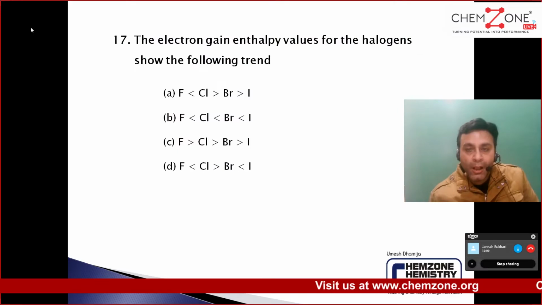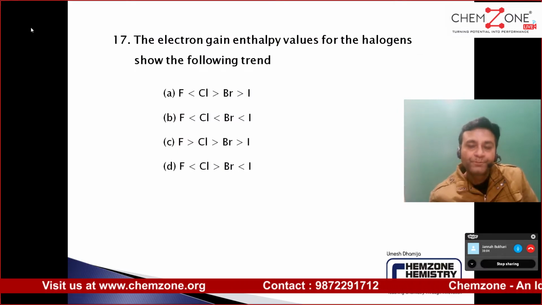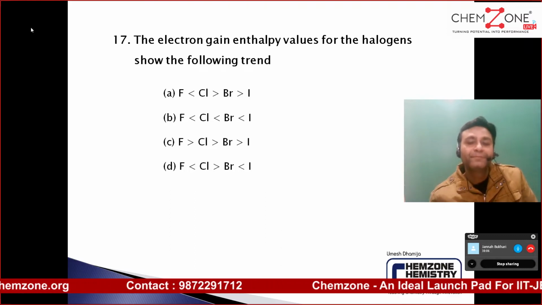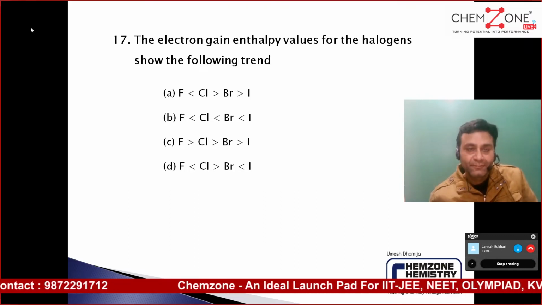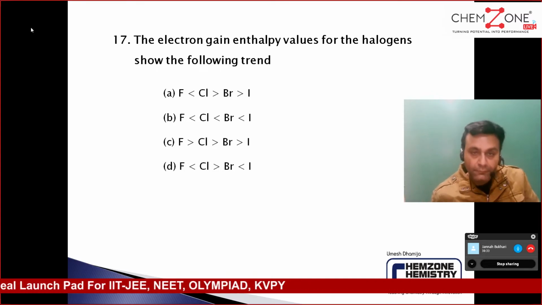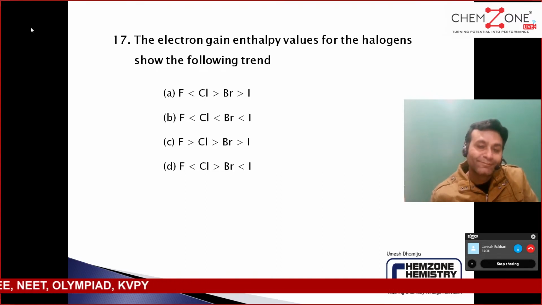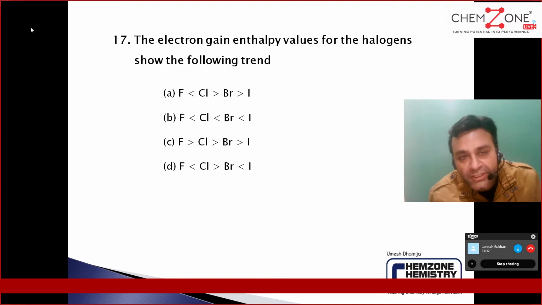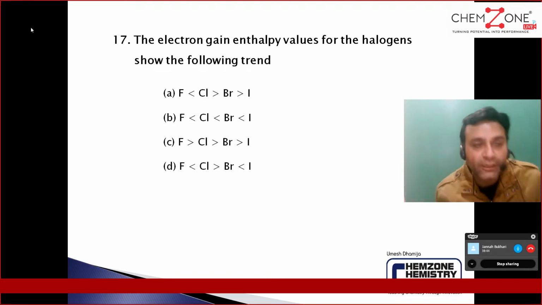Electron gain enthalpy values for halogens are the following. B, because you're gaining the enthalpy. Do you understand what you meant by the word electron gain enthalpy?